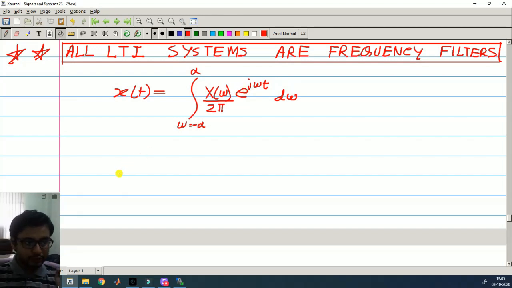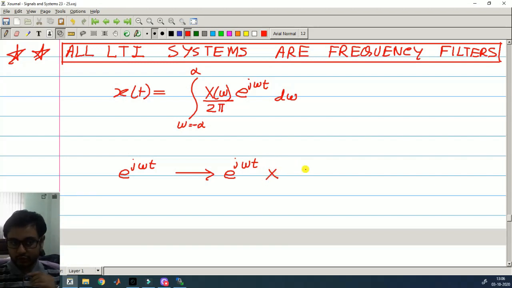So when you give e to the power j omega t as the input to an LTI system, the output will be the same thing, e to the power j omega t, the same signal with the same frequency but multiplied with a constant which is H(j omega), the Fourier transform of the impulse response.